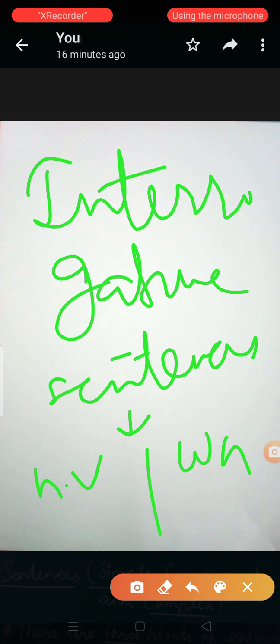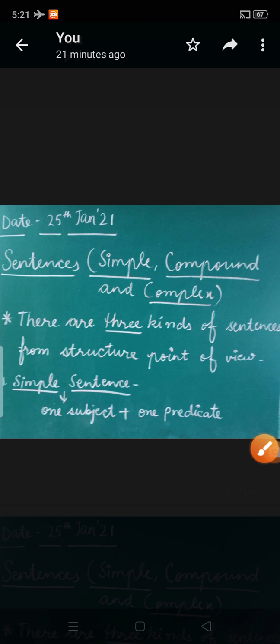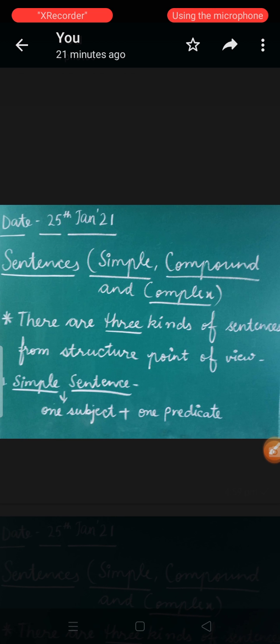Were you well yesterday? And WH words means, what are you doing? Who are you? Why are you late? So if we interrogate something, then all these sentences come under interrogative sentences. Clear? Now we will discuss some more sentences from structure point of view, that are simple, compound and complex sentences.